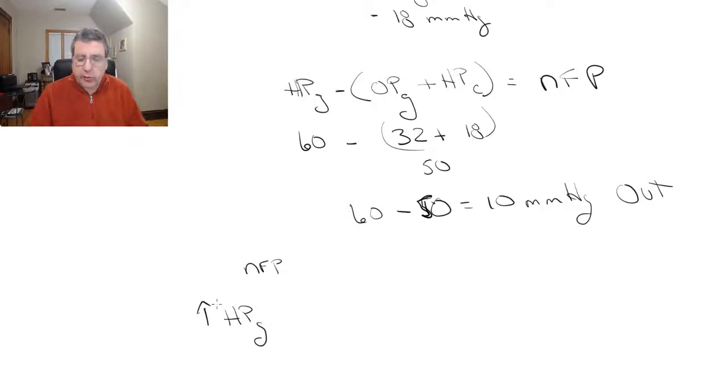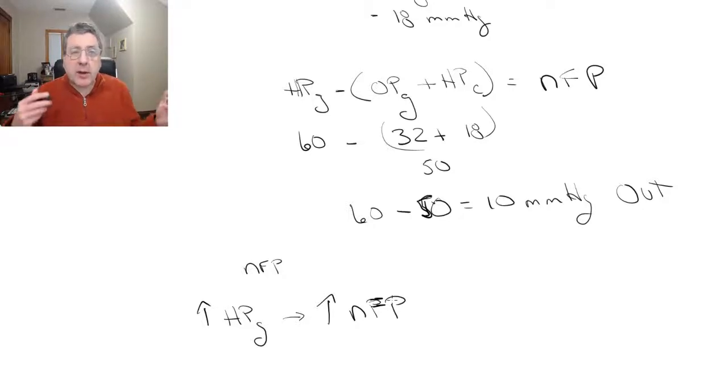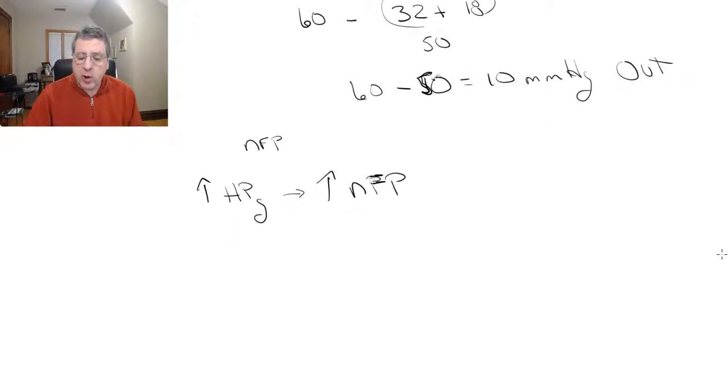If the hydrostatic pressure of your glomerulus increases, this causes an increase in net filtration pressure. If you have an increase in net filtration pressure, this will directly affect the glomerular filtration rate.